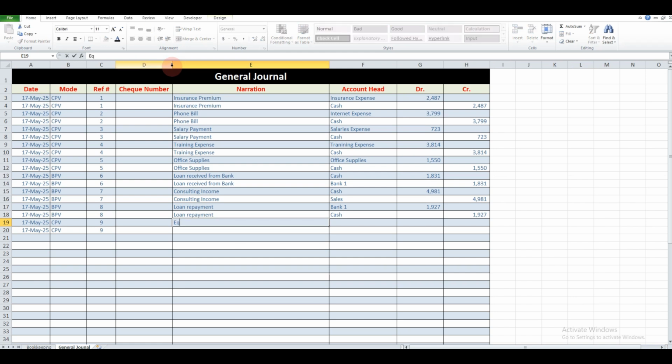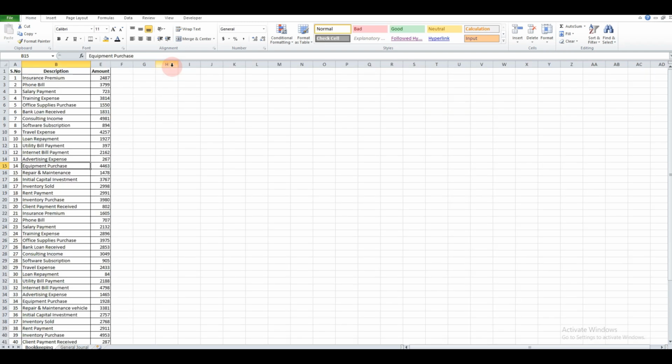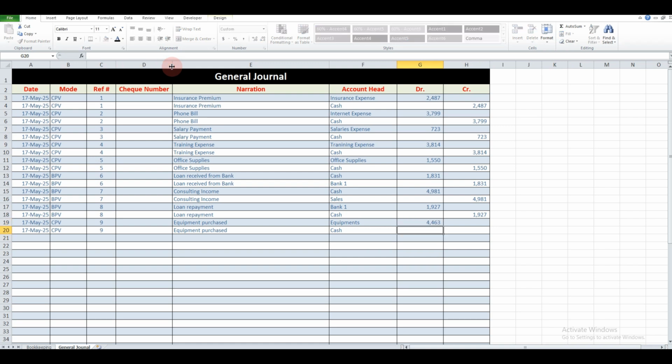Equipment purchased debit, cash credit, 4463.